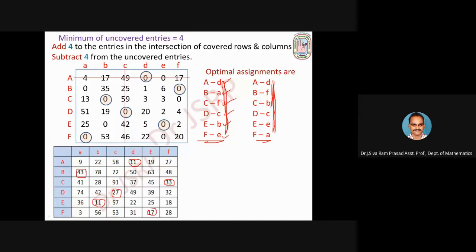So the minimum cost is the sum of all these six entries.